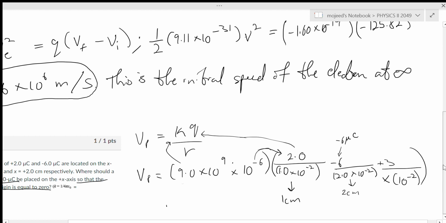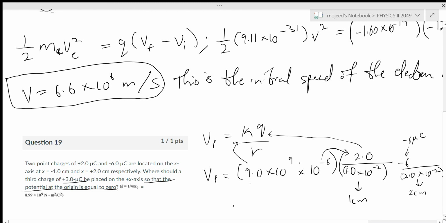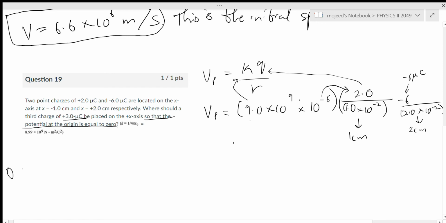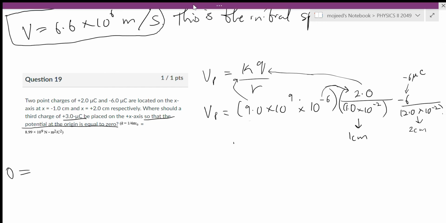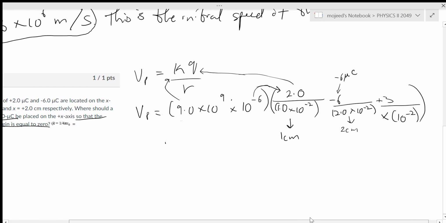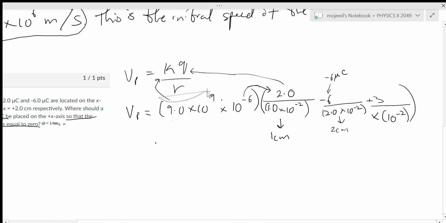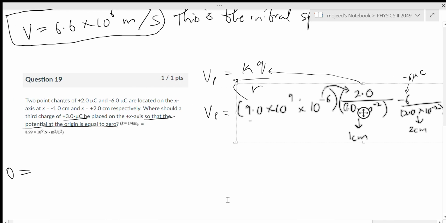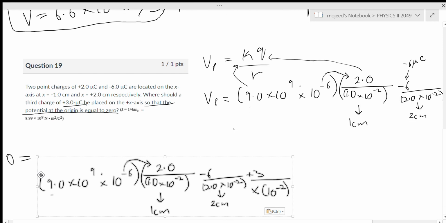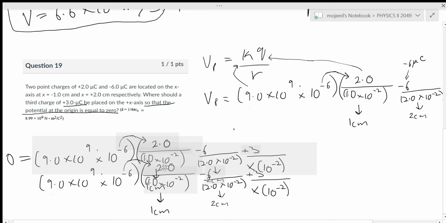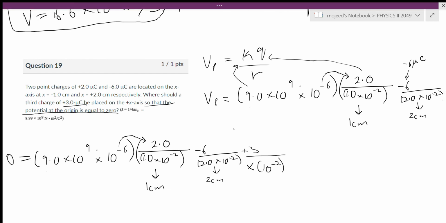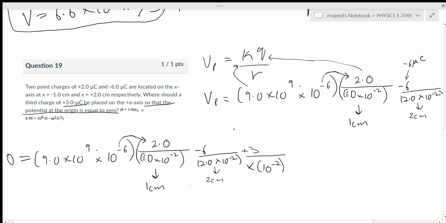Once the computation has been done, we get 0 equals the substituted value, since V is zero.